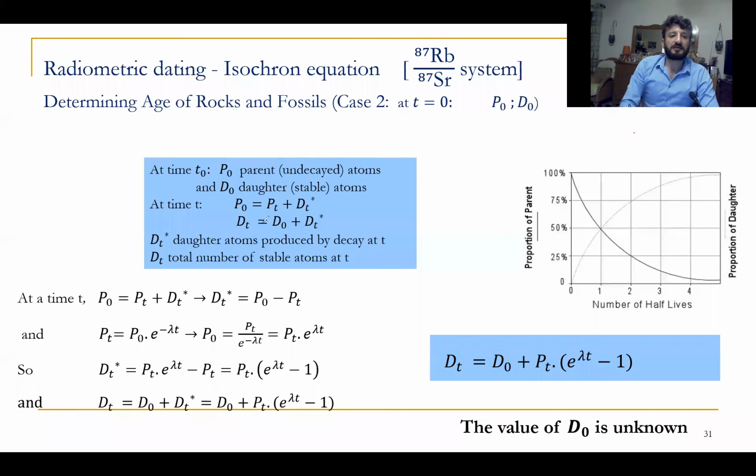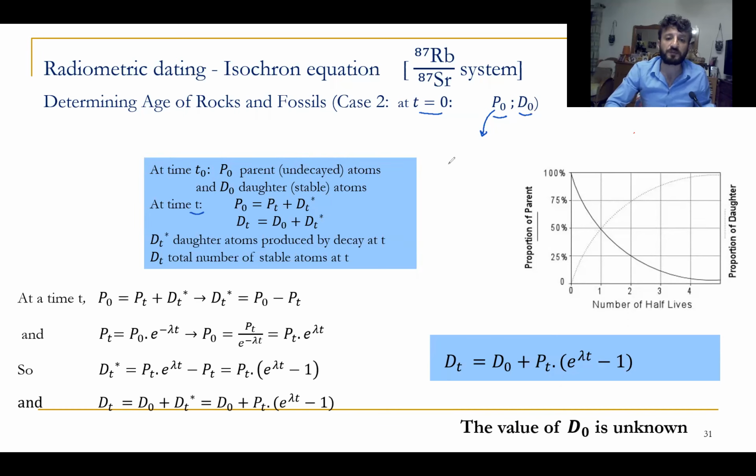We go to the second case where at a time t0 we have P0 parent atoms and D0 daughter atoms. This is at the initial time. At a time t, the parent atoms will decay to stable atoms.